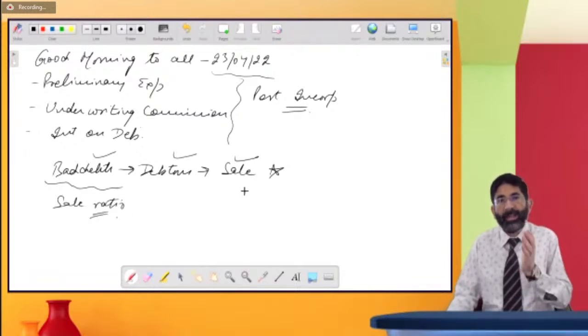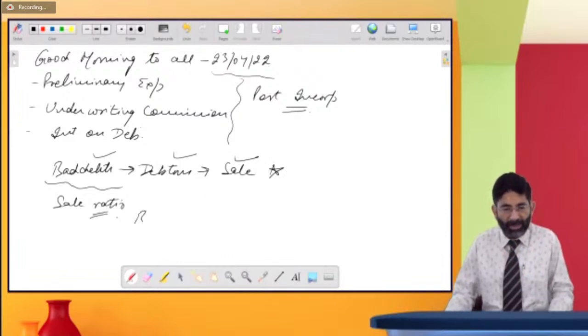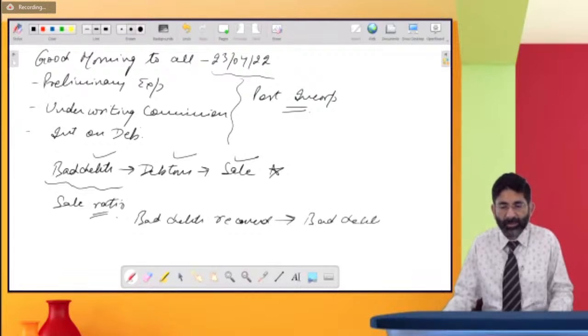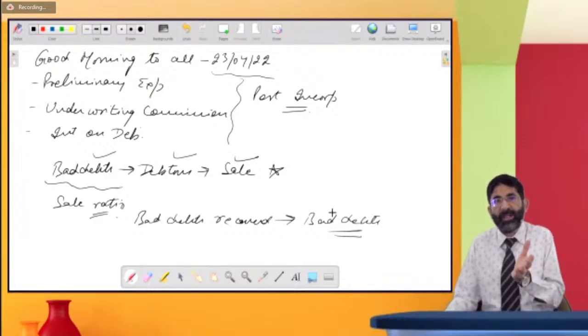Now coming to bad debts recovered. Bad debts recovered are out of bad debts we have suffered earlier. Now bad debts are out of debtors, but the link between debtors and bad debts is broken when bad debts are written off.